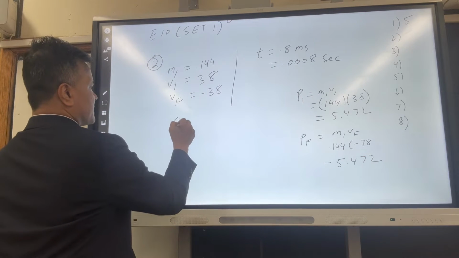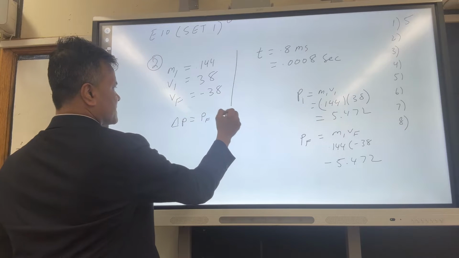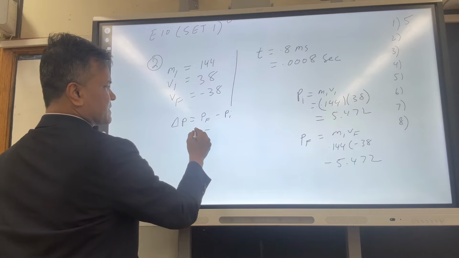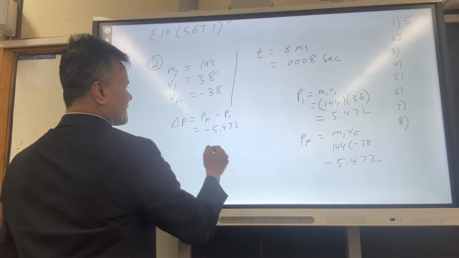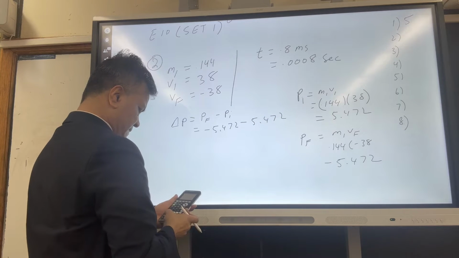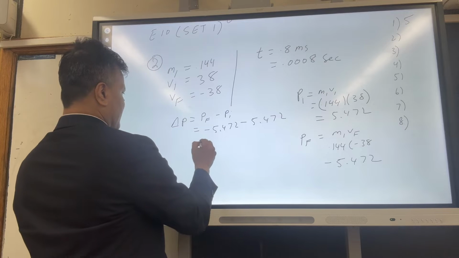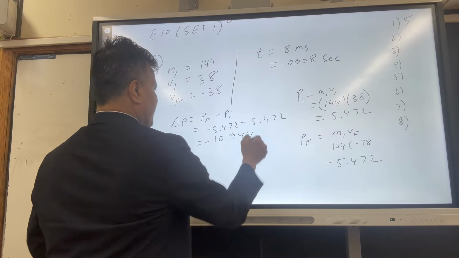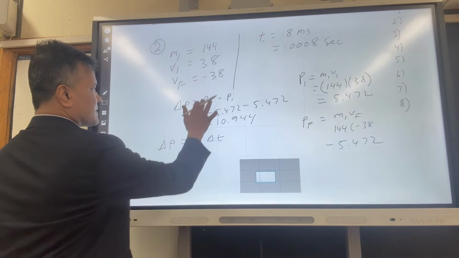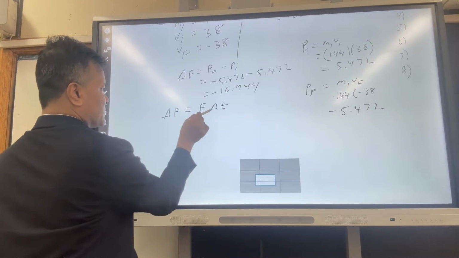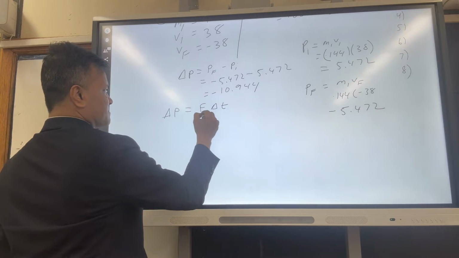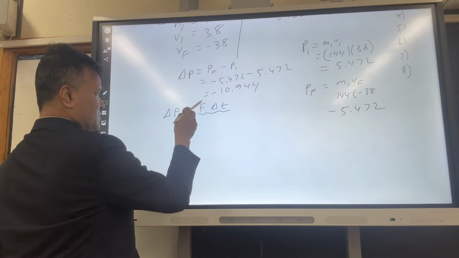So impulse is momentum final minus momentum initial. Momentum final is negative 5.472, minus 5.472, times 2 is about negative 10.944. So what is impulse? Impulse is force, the time it takes for the force to act on an object.